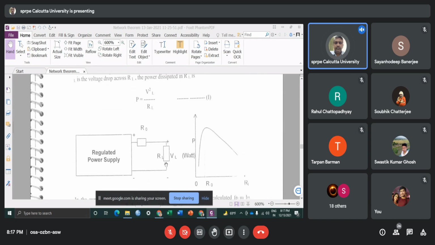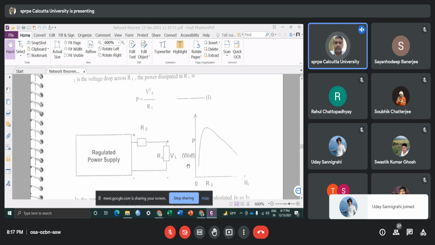Then if you plot a graph of P versus RL, you will see that the maximum occurs at the value equal to the Thevenin resistance, which is the internal resistance plus the Thevenin resistance. But since the internal resistance of the regulated power supply is equal to 0, the output resistance will be equal to the Thevenin resistance.